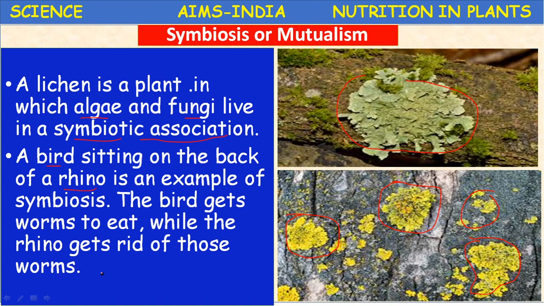Not only this, you can consider another example, that is Rhizobium bacteria and the groundnut plant. Plants require nitrogen for their growth. Though 70% and above of the atmosphere is nitrogen, that is not useful for the plant.